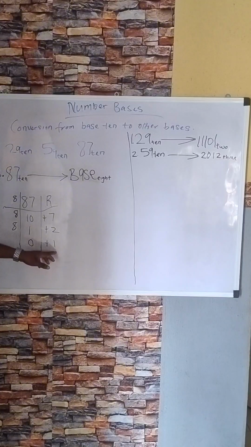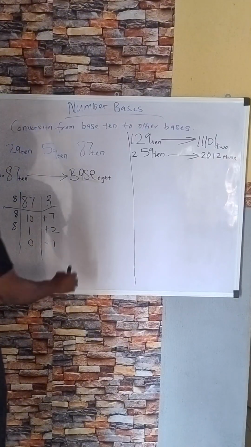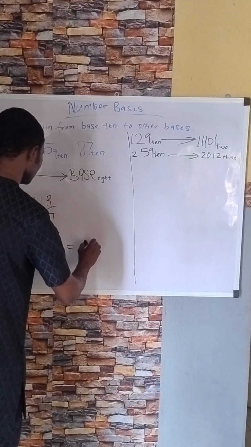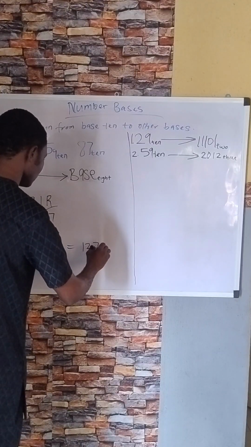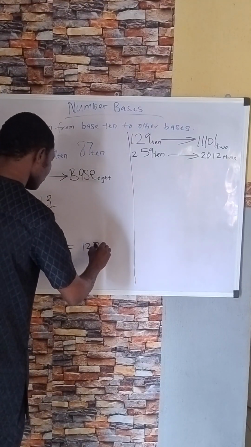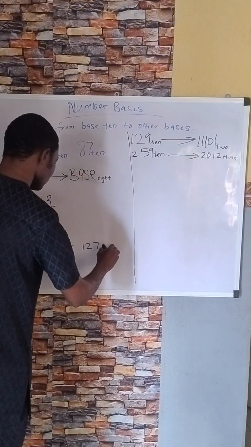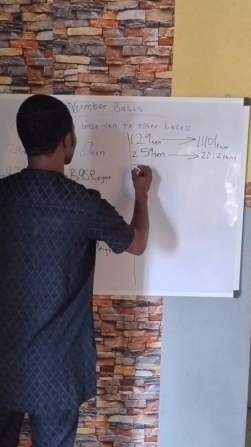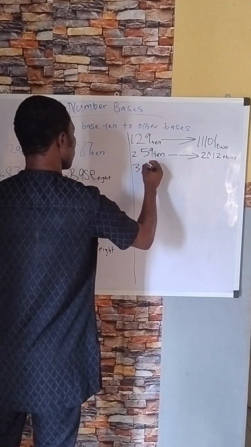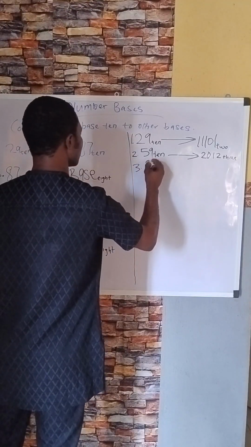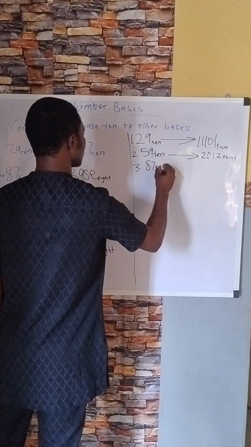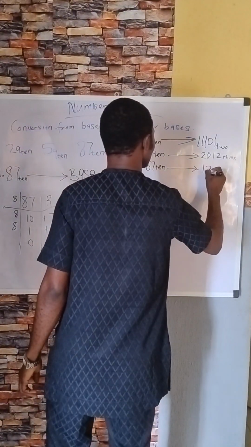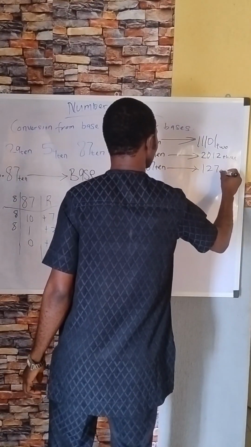So let's write our answers from the bottom to the top. This will be 1, 2, 7, base 8. So this will be our answer for number 3: 87 base 10 is 1, 2, 7, base 8.